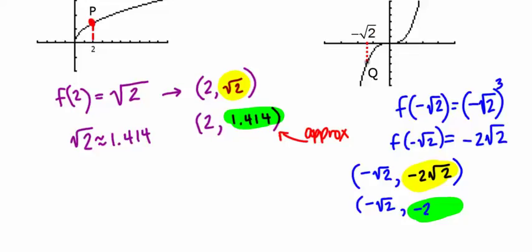And that approximate answer is negative 2.828.